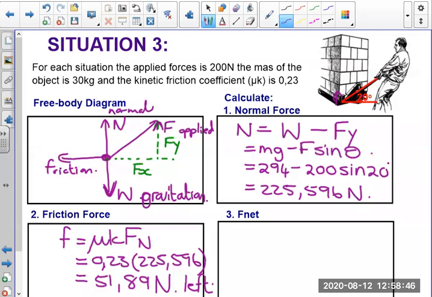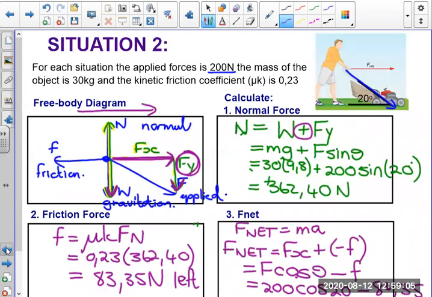Right. So in this case, when I'm pulling an object, it means I have the Y component of the applied force that is actually lifting this object from the ground. So it's decreasing the friction force. Okay. But if I'm pushing the object, I'm pushing it into the ground. So the Y component is downward.